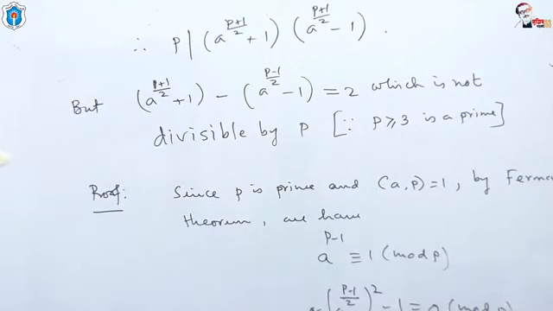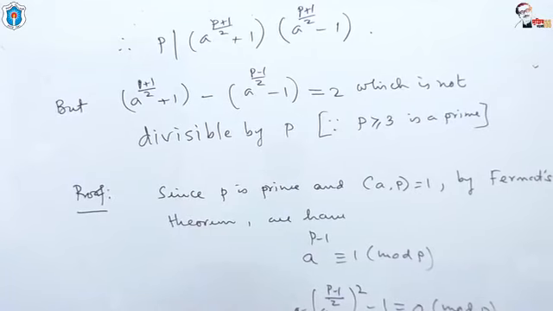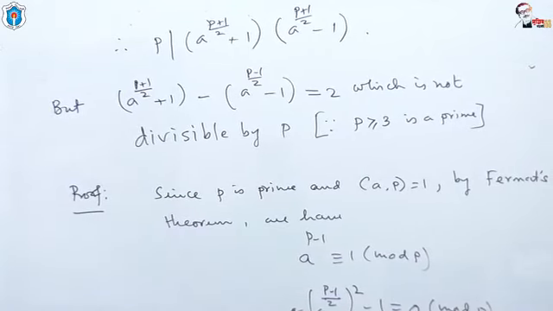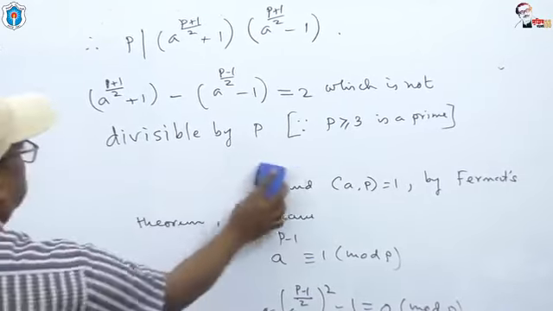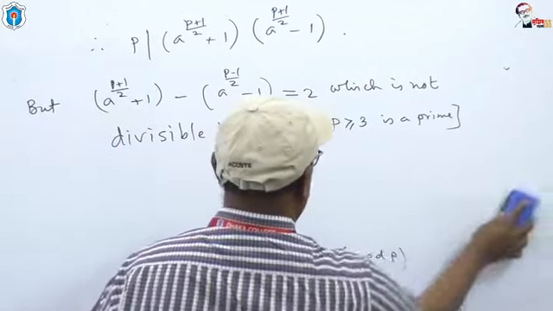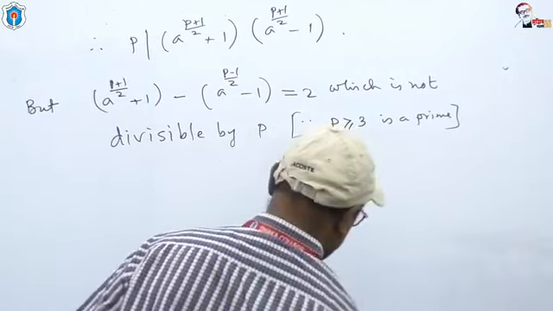Thus p divides either the first factor or the second factor.